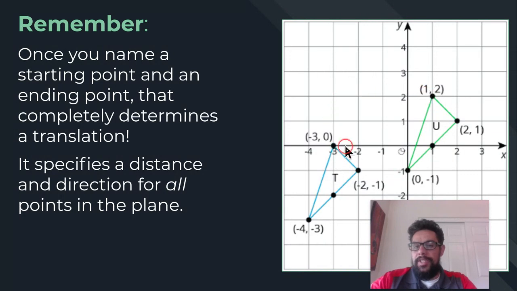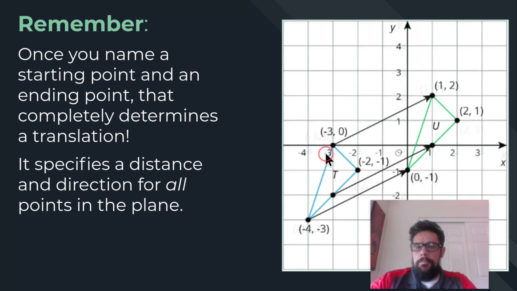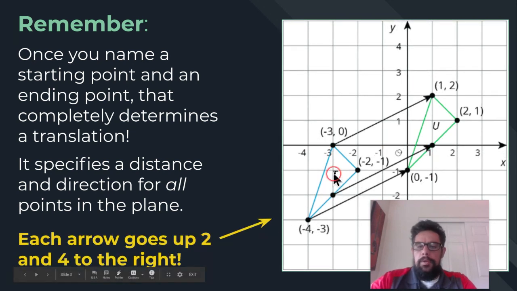Knowing that this goes to this point, you know how many units up and to the right. Then this one, up 2 over 4, same spot. The middle one, up 2 over 4, same spot, they all correspond. Each arrow goes up 2 over 4. You can see how these lines are parallel and the same length.